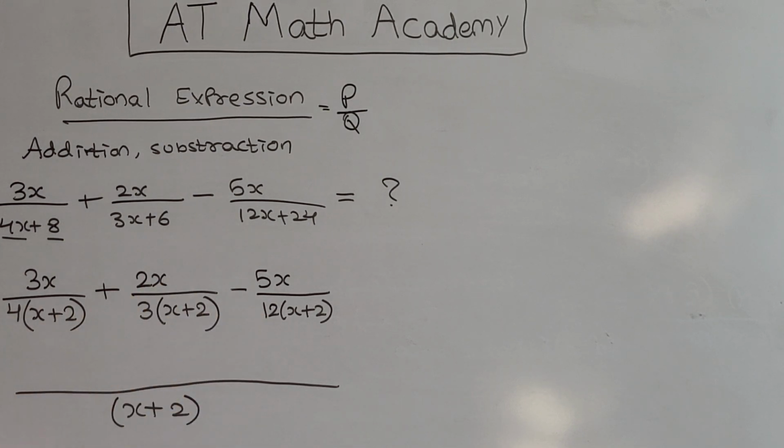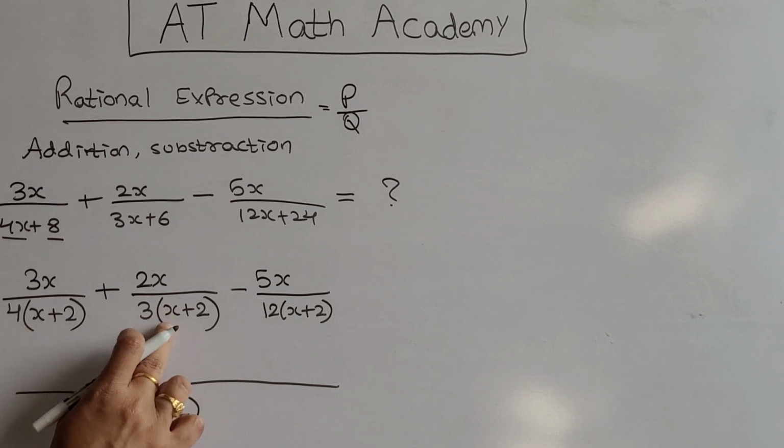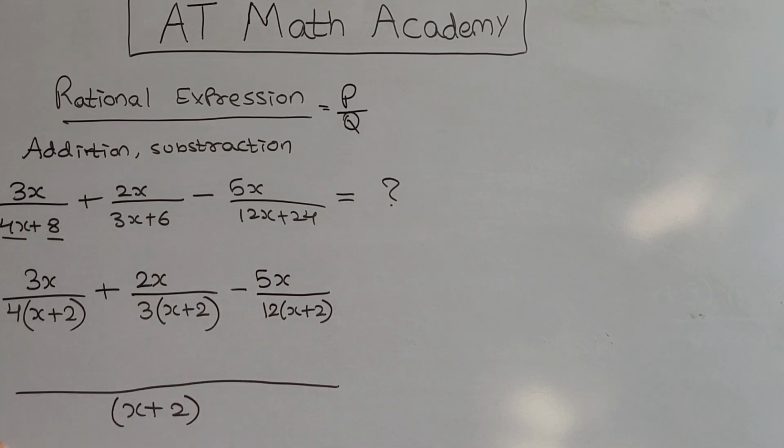Now I'm going to find the least common multiple for 4, 3 and 12. Let's take 4, 3 and 12 here and find the LCM, least common multiple. In the 4 table, we have 4 times 1 is 4 and 4 times 3 is 12. I don't have 3 in the 4 table, so I'm writing it as it is.